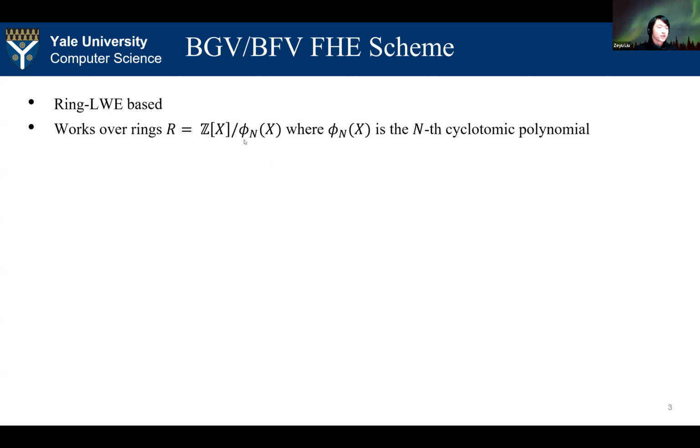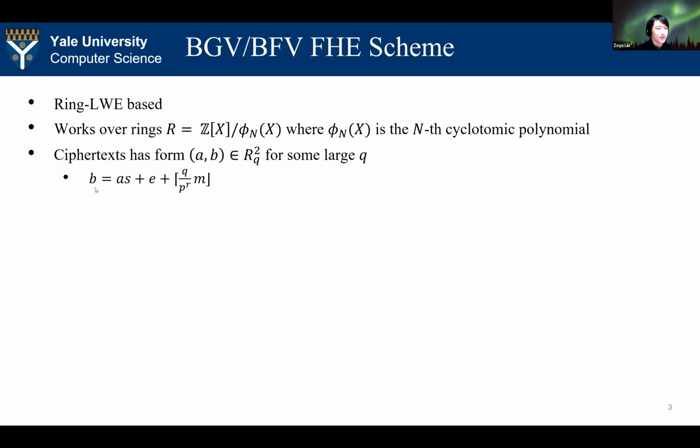Okay. So again, I will introduce some background about BGV/BFV. First, it is Ring-LWE based. It works over the ring Z[x]/Φ_n(x), and this Φ_n is the nth cyclotomic polynomial. The ciphertext has this form (A, B), which are just two R_Q elements. When I say R_Q, I just mean that if the elements in the ring are represented by polynomials, all the coefficients of these polynomials are in Z_Q.